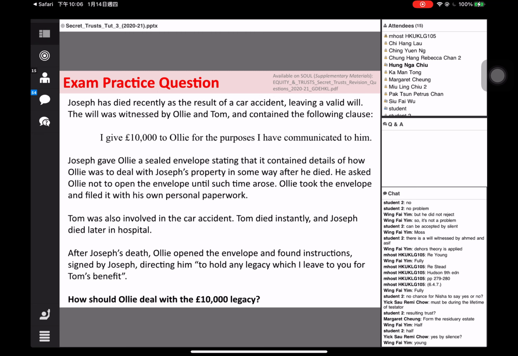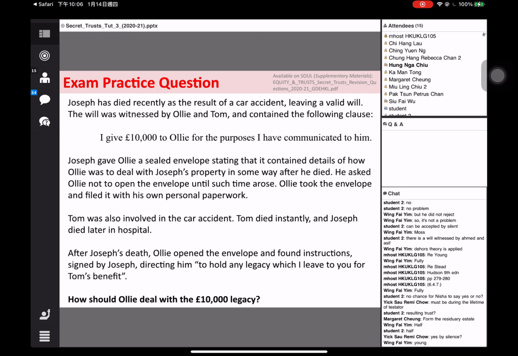Now, there is another problem here. Remember, according to the facts, Tom died before Joseph. Now, the general rule is that a beneficiary who dies before the constitution of a trust will not benefit under the trust. What's the case authority for that? Somebody?